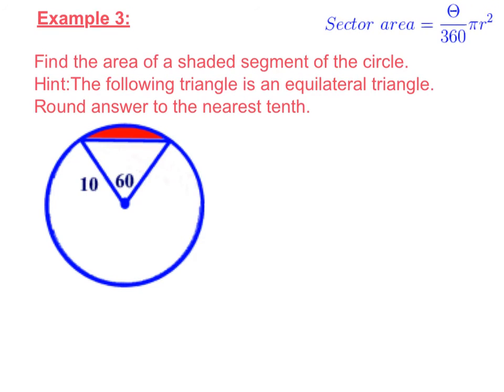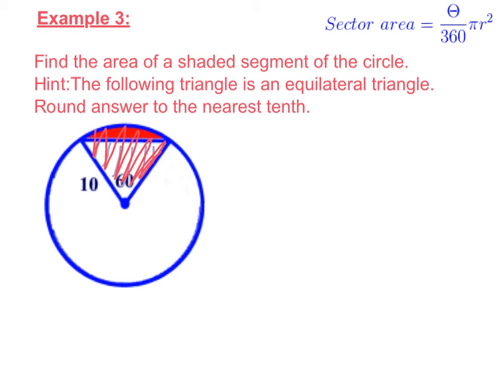So example 3, we need to find the area of the shaded segment of the circle. So that's our red portion here. We'll also need to know what kind of triangle we see here. This triangle right here is an equilateral triangle. So you need to remember that all sides are equal, all angles are equal. So our first thing we're going to do is find the area of the whole sector, which is all of this.